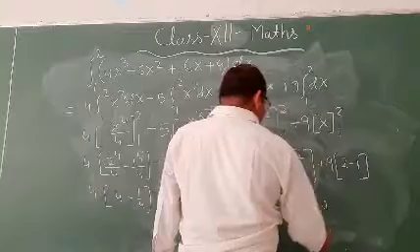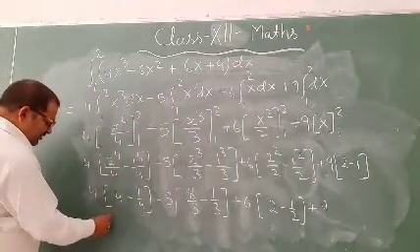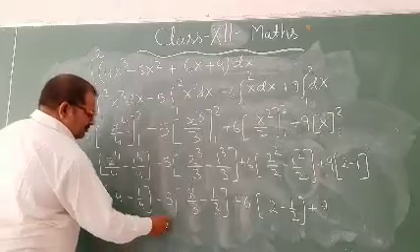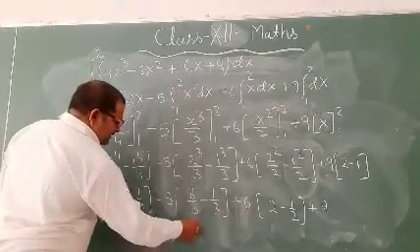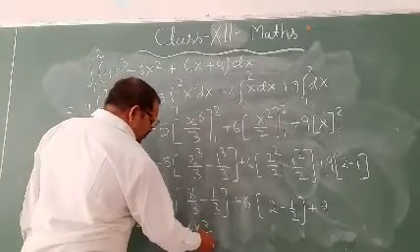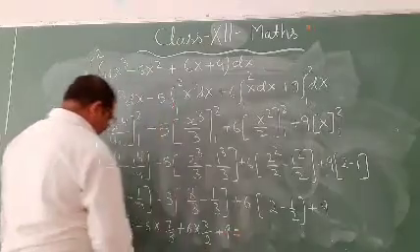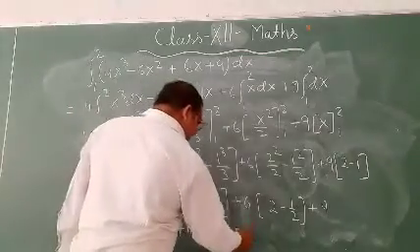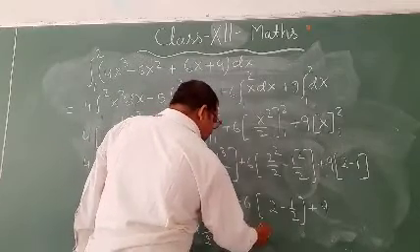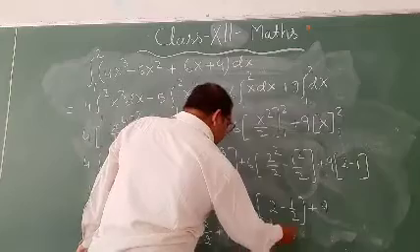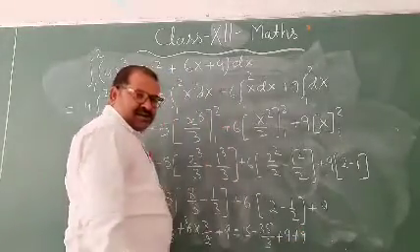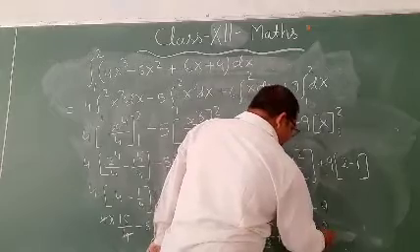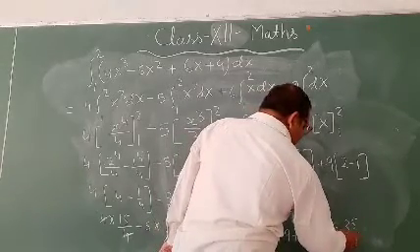And plus 9, equal to 4 and 4 cancel, 2 threes are 6, so 15 minus 35 by 3 plus 9 plus 9. 9 plus 9 is 18 plus 15 equal to 33, 33 minus 35 by 3.